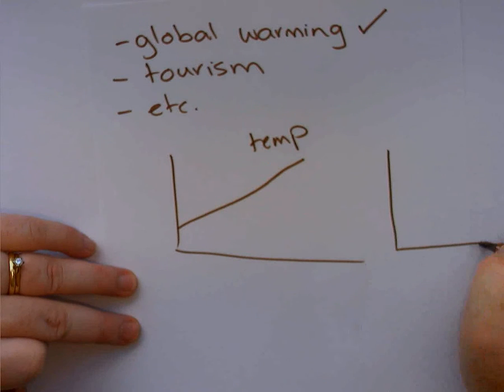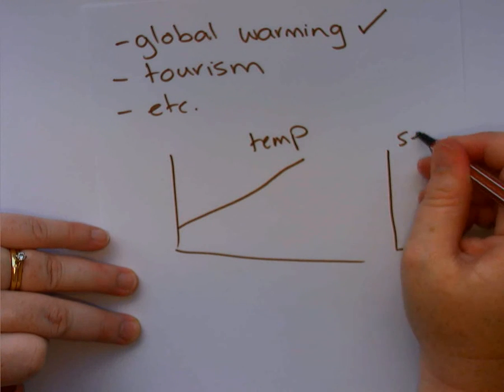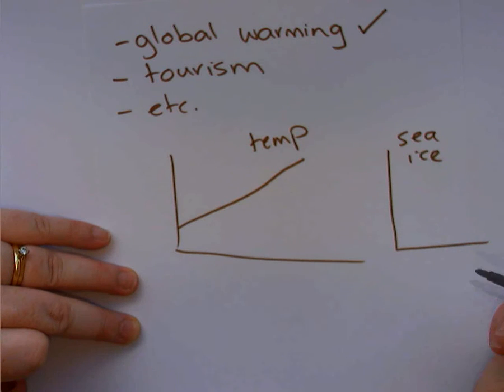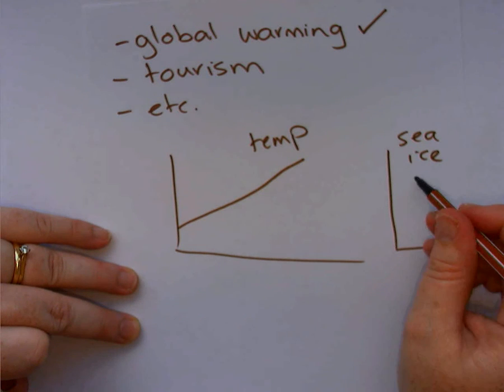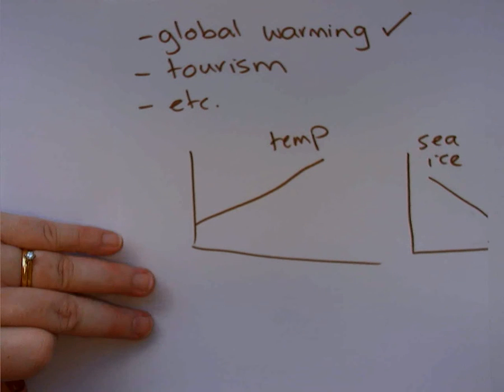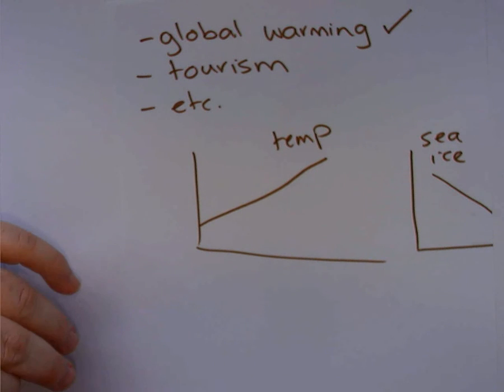So if the temperatures are rising, what do I think is going to happen with the sea ice? Well, as it gets hotter, then the area of sea ice is going to get smaller. So that's what I'm going to base my purpose around.